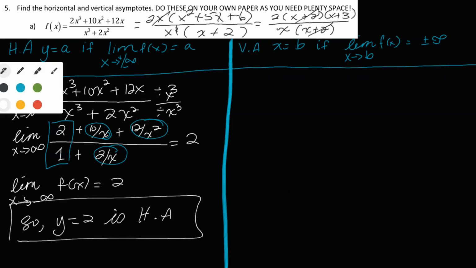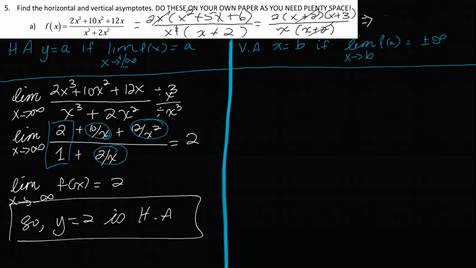So really, our function finally is just f of x equals 2 times x plus 3 over x.